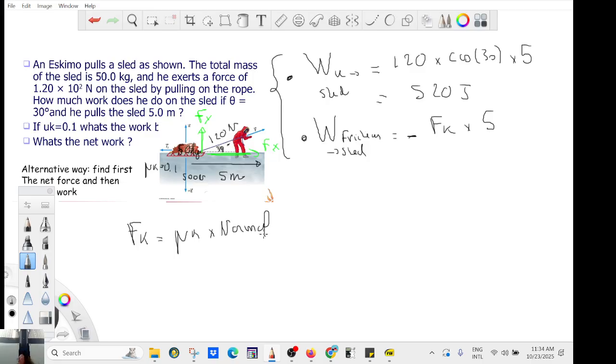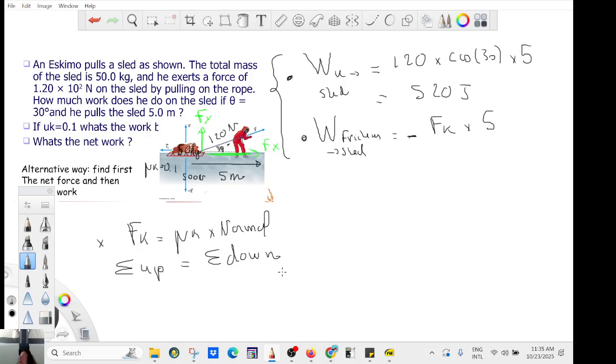And normal means how hard they are pushed together, right? So how do we find the normal? We see it's an equilibrium up and down. So everything up equals everything down. So if you have not done it, do it. Find the normal. Everything up, you have the normal up, and you have the Y component.